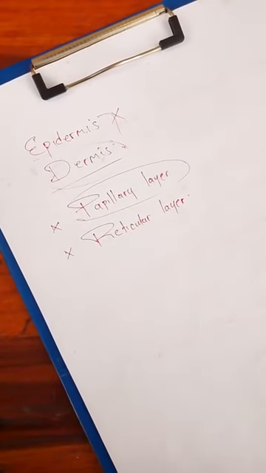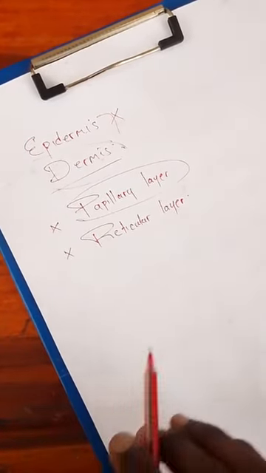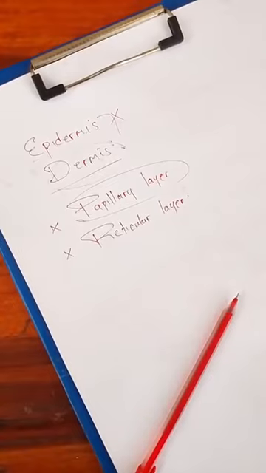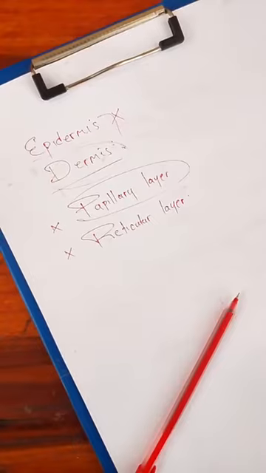Then the other thing that you have to know about the papillary layer before we go to the reticular layer is that it also houses sensory receptors. So we know sensory receptors. These are receptors involved in sensing stimuli. Like we talked about, the skin is a sensory organ because it has receptors that enable one to interact with environmental stimuli.